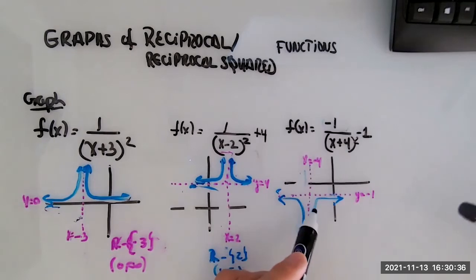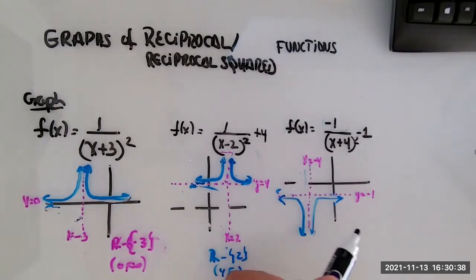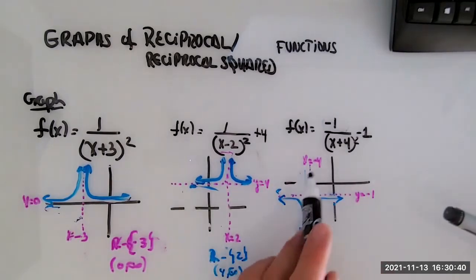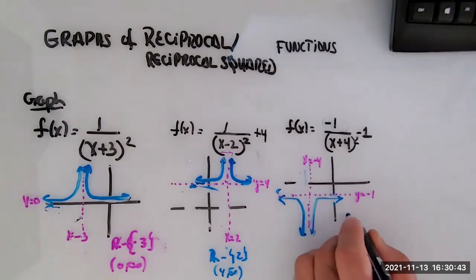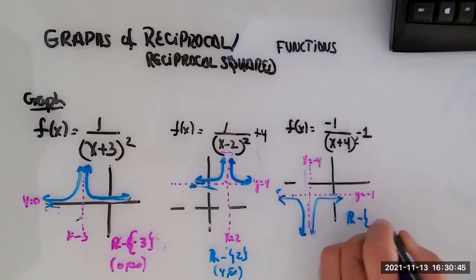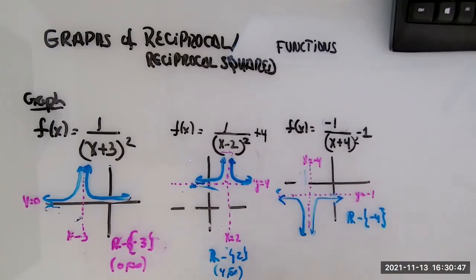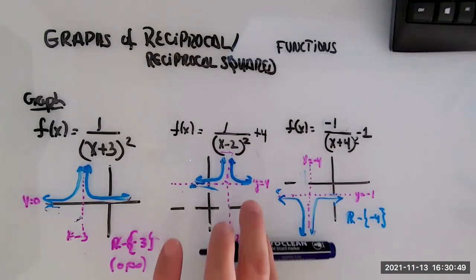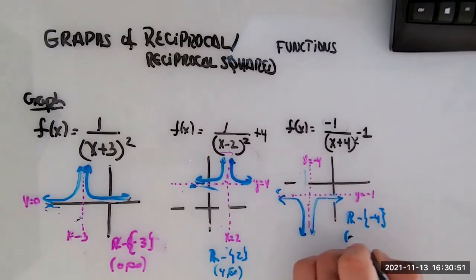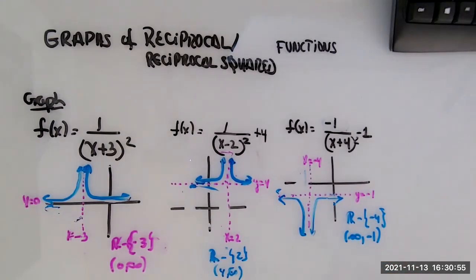Two asymptotes: x equals negative 4, y equals negative 1, as I said before. Now the domain is all real numbers except negative 4, and the range goes from negative infinity to negative 1, excluding negative 1. So those are the graphs of reciprocal squared with their domain and range.